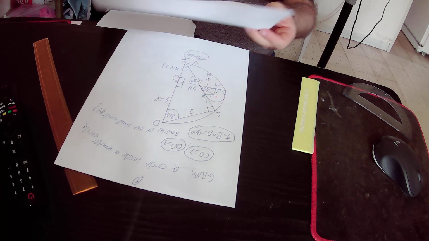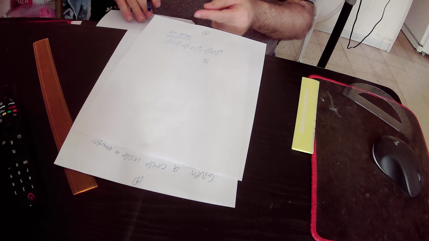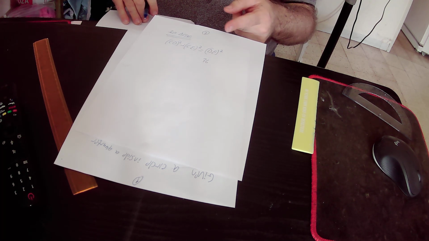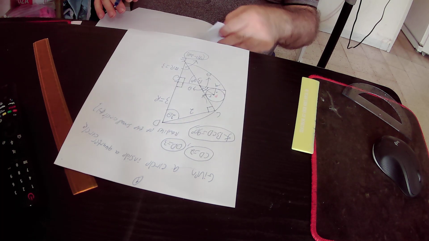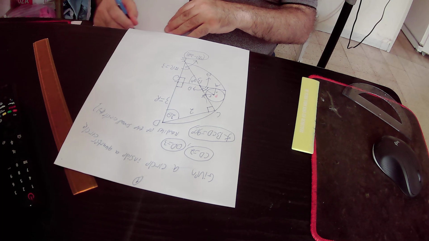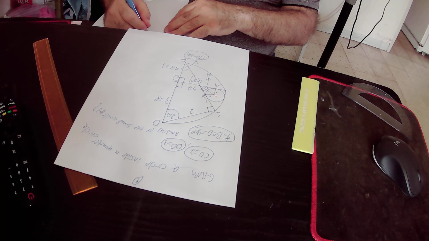Again, according to the Pythagoras theorem, CD squared plus CE squared equals DE squared, and DE squared is 36. And we know that CD equals 2, so CD squared is 4.